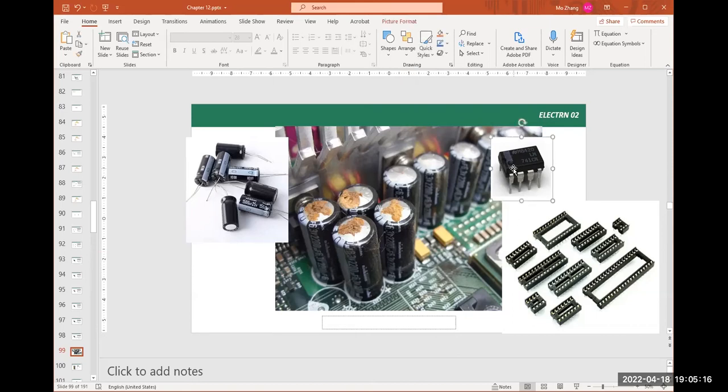And this is another device, also pretty fragile, same as or similar to a capacitor in terms of how fragile it is. This is the IC chip. Most IC chips are fragile. They are sensitive to heat.